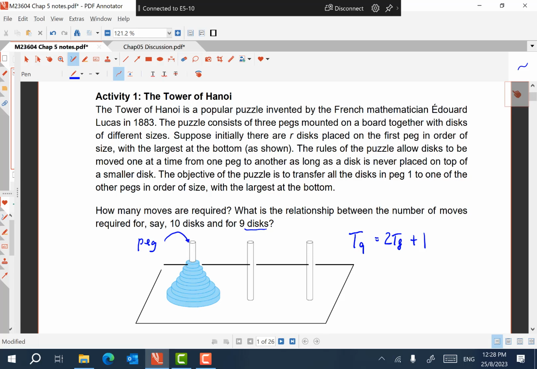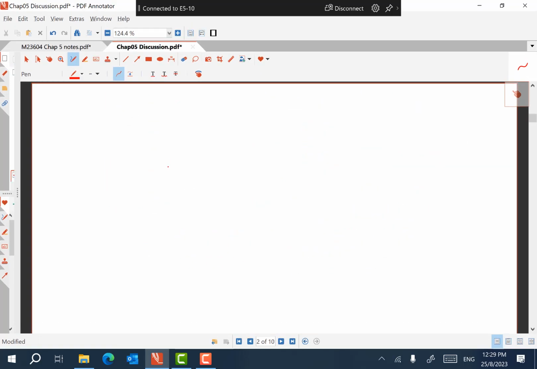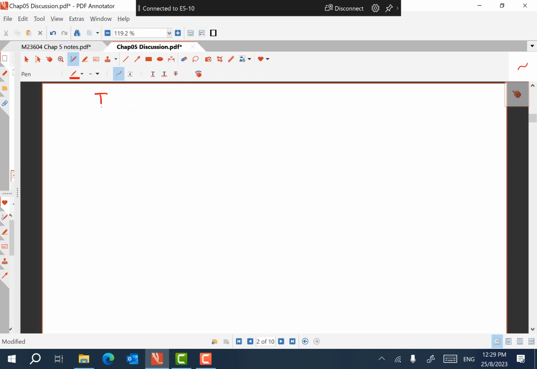After moving the 8, you need one step to move the biggest disk over to the next pad. And then you repeat the process to move the first 8 to join the biggest disk. Very good.